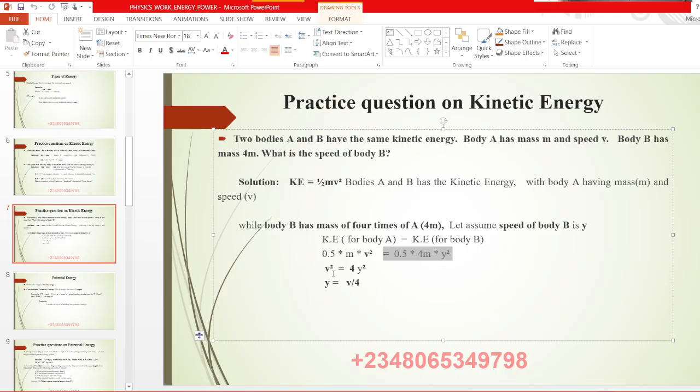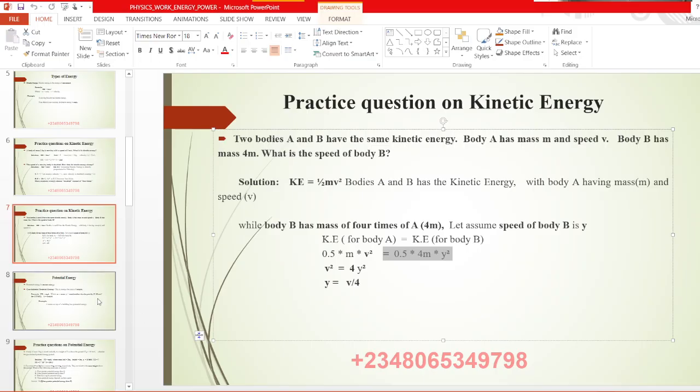When you solve this mathematically, we find out that v squared equals 4y squared. And y, which is now the speed of B, will be v divided by 2. So for you to get this question, you need to equate, because they said they have the same kinetic energy. You need to equate them together. Give B a value, the speed a value, and solve mathematically.